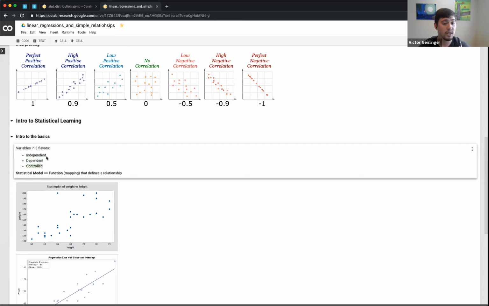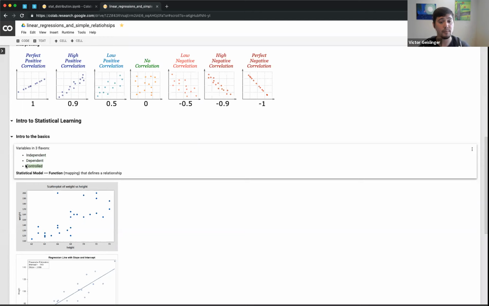You can say that your independent variable is the thing you are changing, or the thing that is changing and causing an effect. Your dependent variable is dependent on your independent variables. You can think of it as this y. What is the effect that happens? Your controlled variables are things that hopefully you kept constant.